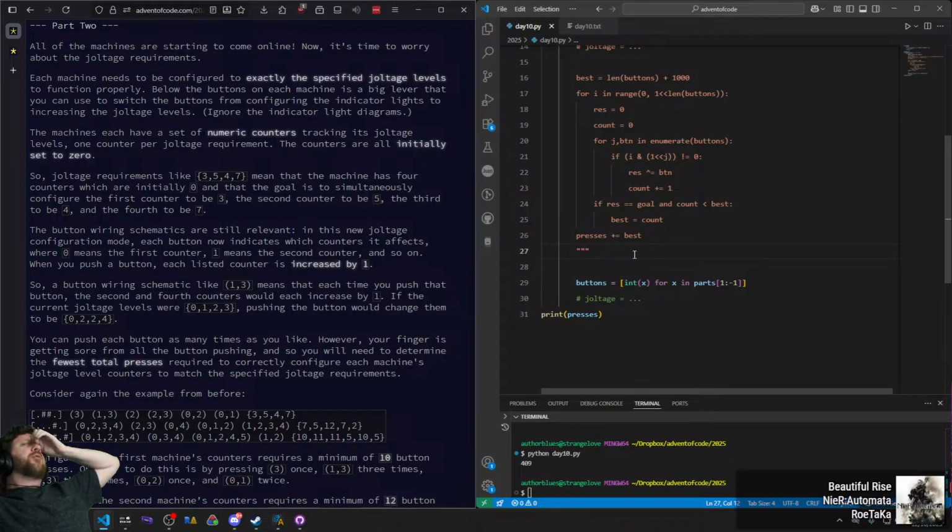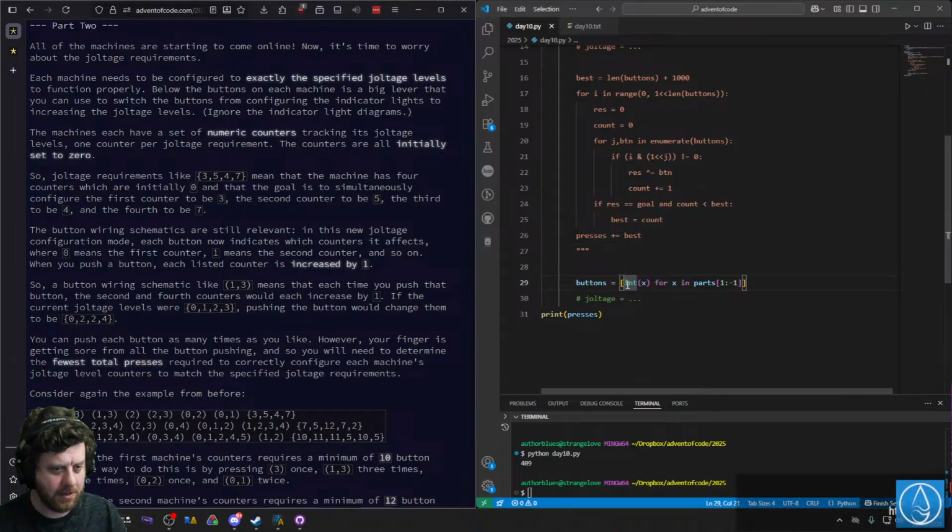You get fewer button presses if you press buttons that affect more than one counter at once, so I think you want to try... That's certainly the order you want to try them in. Okay, don't love this.